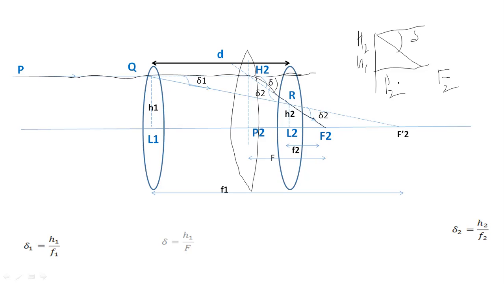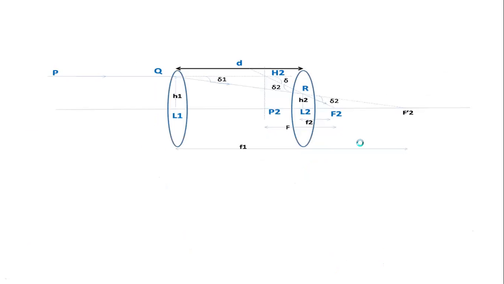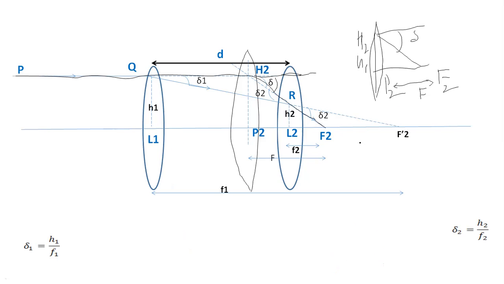P2F2 is nothing but the distance, a capital F, that is the equivalent focal length. Here H2P2 is nothing but the position of the equivalent lens. Then what is the deviation delta here? The value of delta is h1 by F. Therefore, delta is equal to h1 by F.